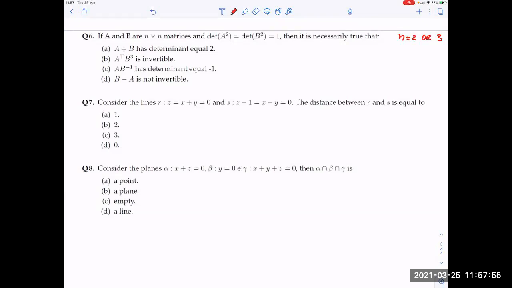A, B, C, or D? Let's see. Also, a comment here, you see, then it is necessarily true. It means that it is true for all matrices A and B such that the determinant of A squared is equal to the determinant of B squared equal 1.